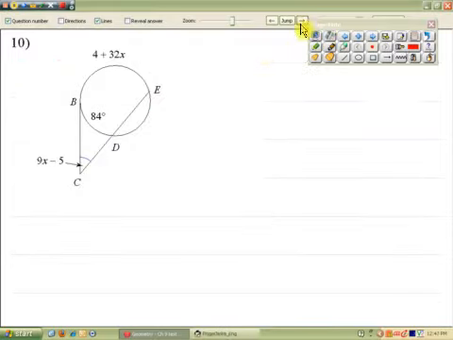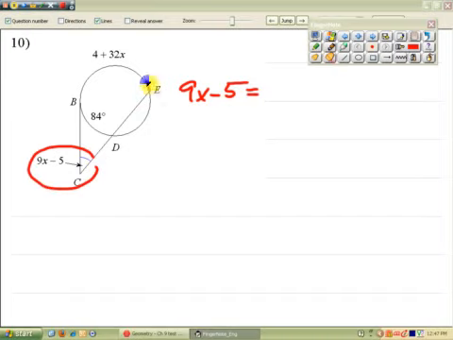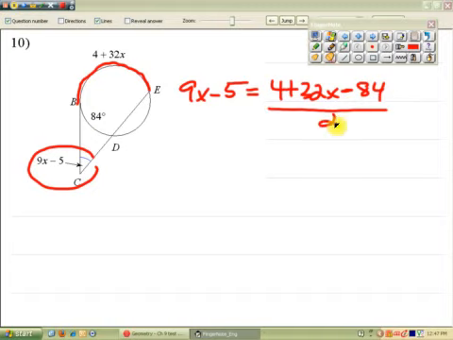So for number 10, I'm doing the same problem, but the algebra is more difficult because I still have an angle here, which is equal to the big arc, which is the 4x plus 32, minus the little arc, which is 84. You still divide that by 2.